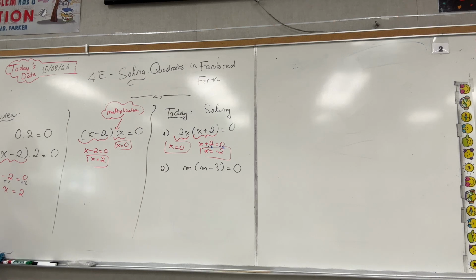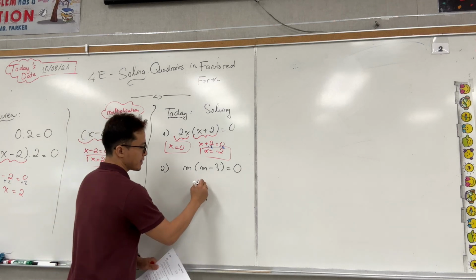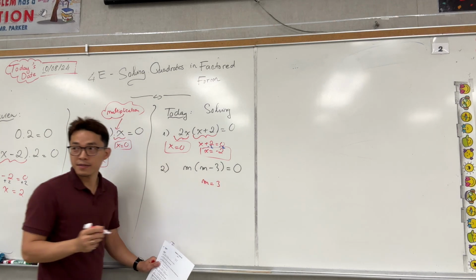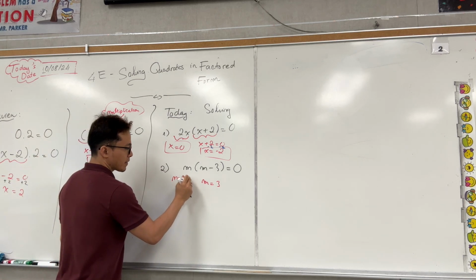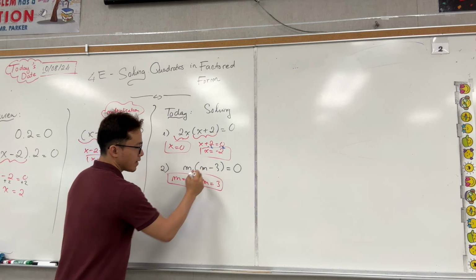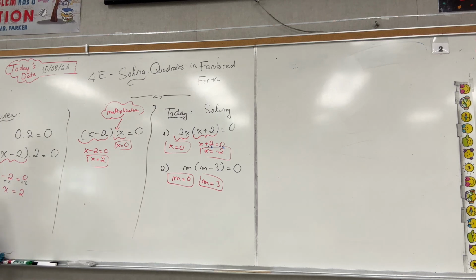It's m times m minus 3. Ivan? M equals 3? What else? That's it? M equals 0. Yeah, let's give Ivan 1 point. So again, I'm gonna tell you the trick to do this.